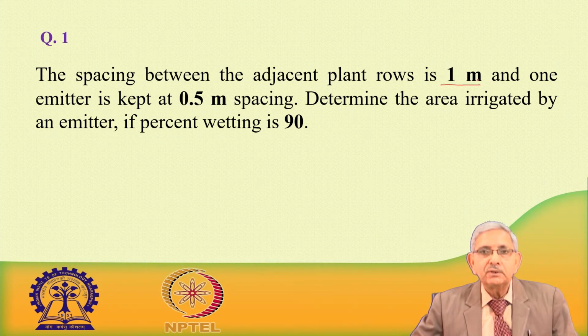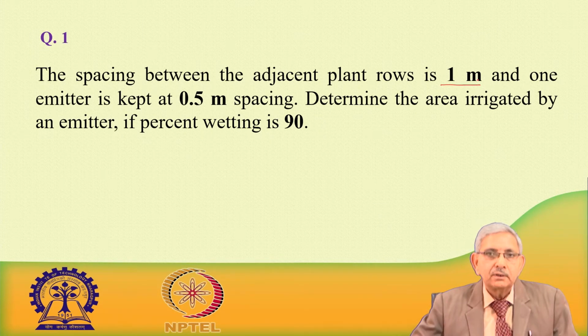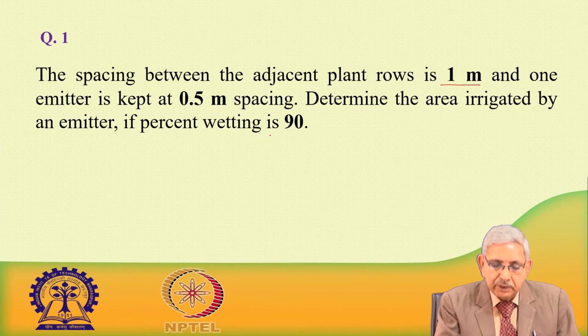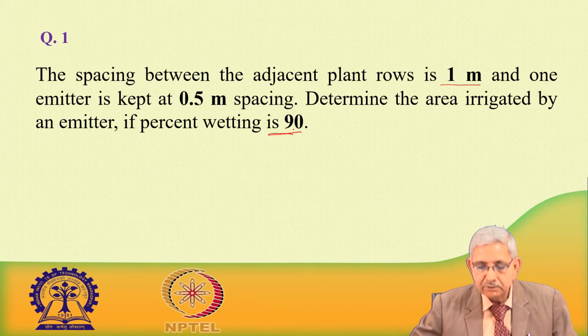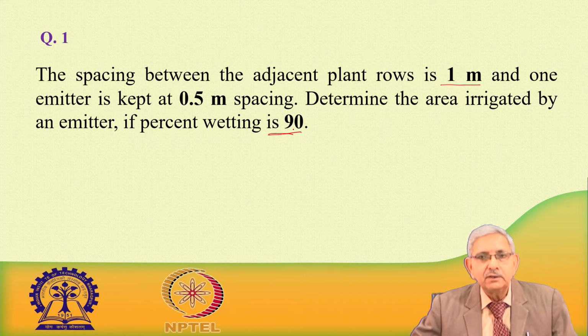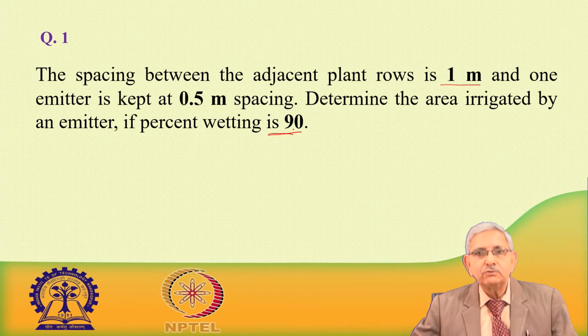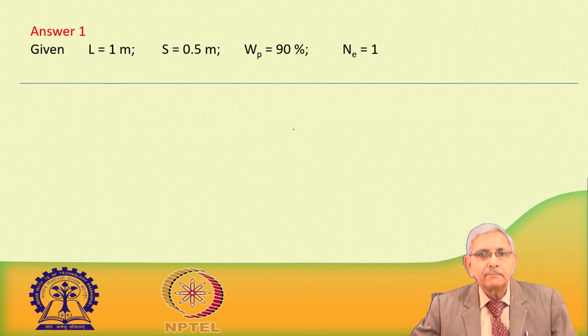We need to determine the area irrigated by the drip emitter if its wetting is 90%. It is a simple problem. We are required to find the area irrigated by a single dripper, and similarly we can find it when there are large areas where more drippers are to be placed. This way we can find out how much wetting can be made.